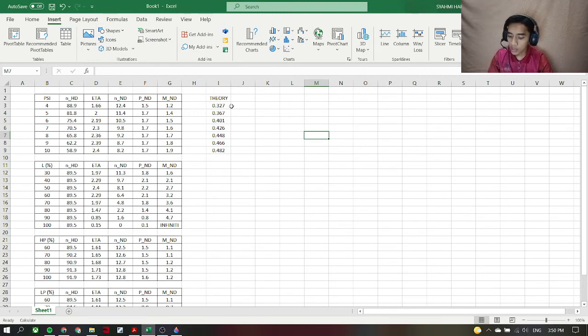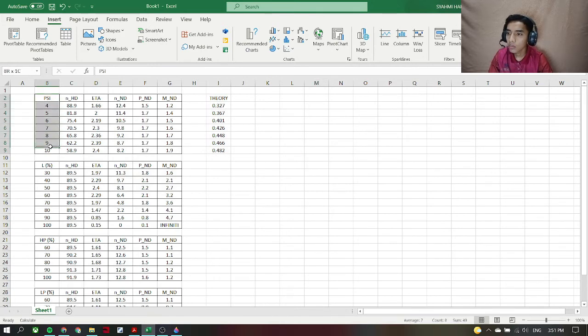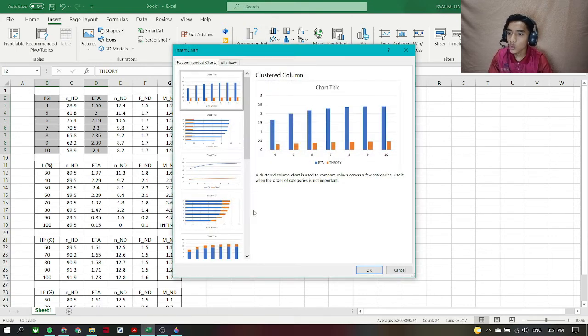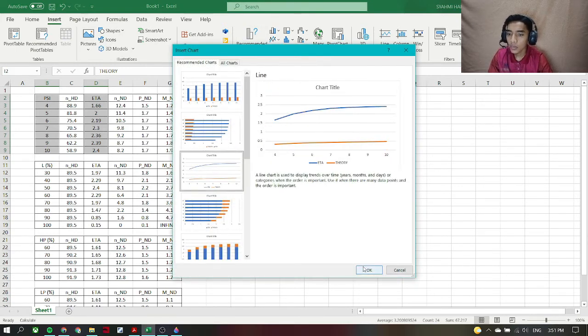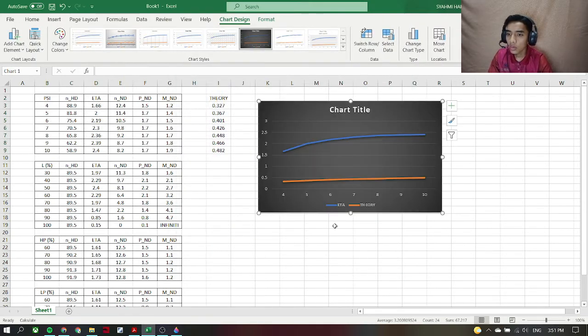So the first graph is the thermal efficiency versus pressure ratio. So we will get the pressure ratio, the experimental value for the thermal efficiency, and the theory one. So we will get the graph like this. So as usual, we will go to quick layout.